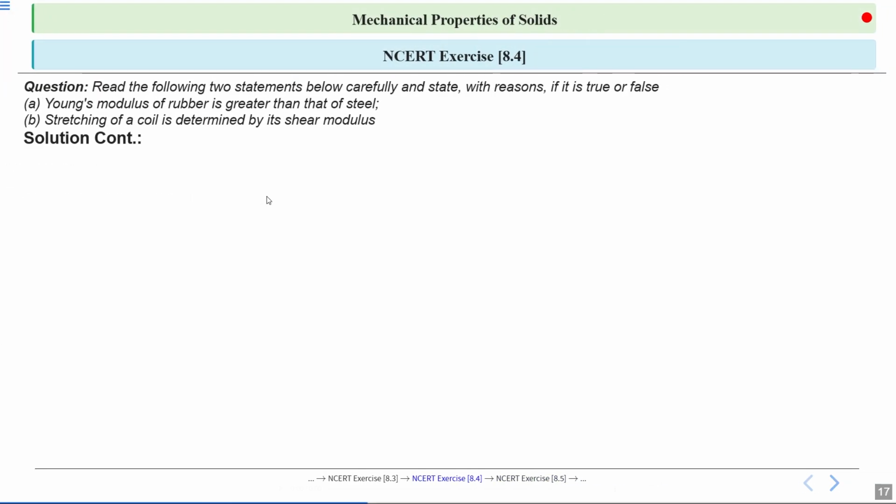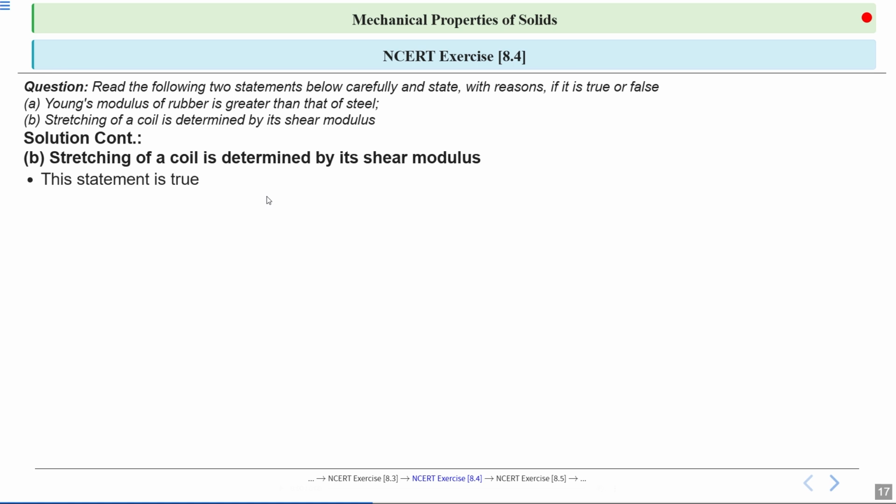Alright. Now, statement B says that the stretching of a coil is determined by its shear modulus. So this statement is actually true.